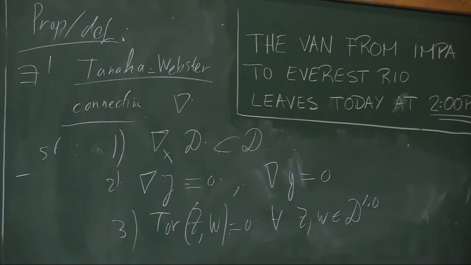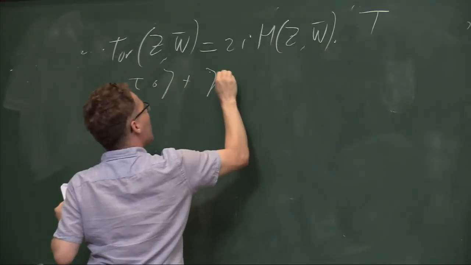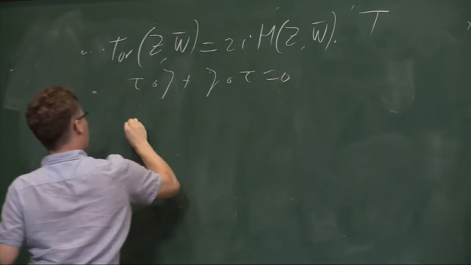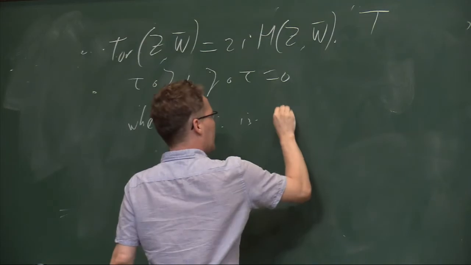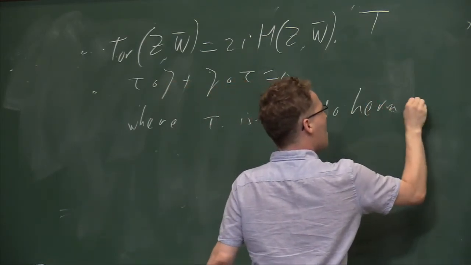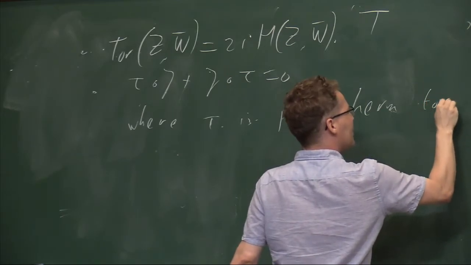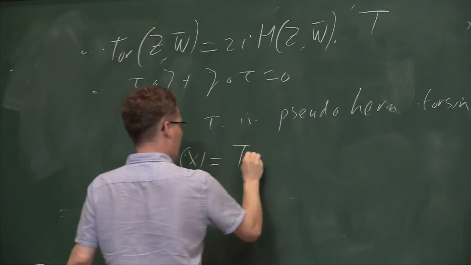Okay, and then finally, where this tau is the so-called pseudo-Hermitian torsion. And so what is it? It's just given by this formula.